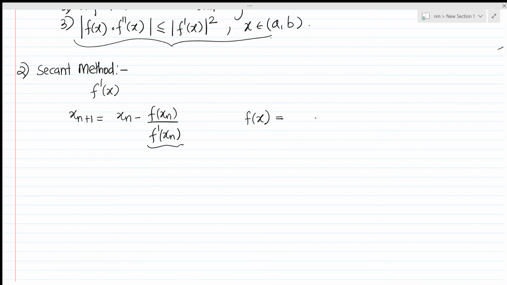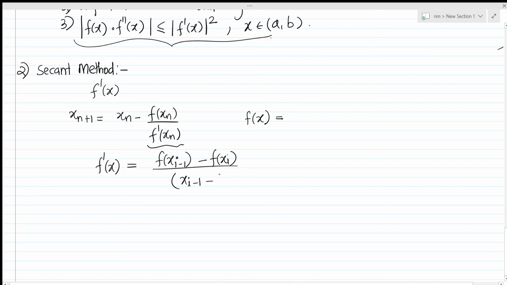So in the secant method, this derivative is replaced by the backward difference formula of the derivative.